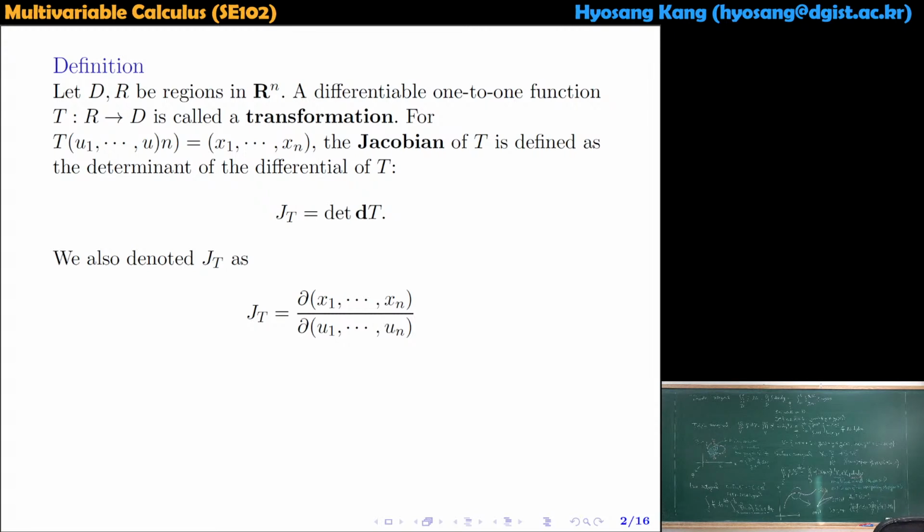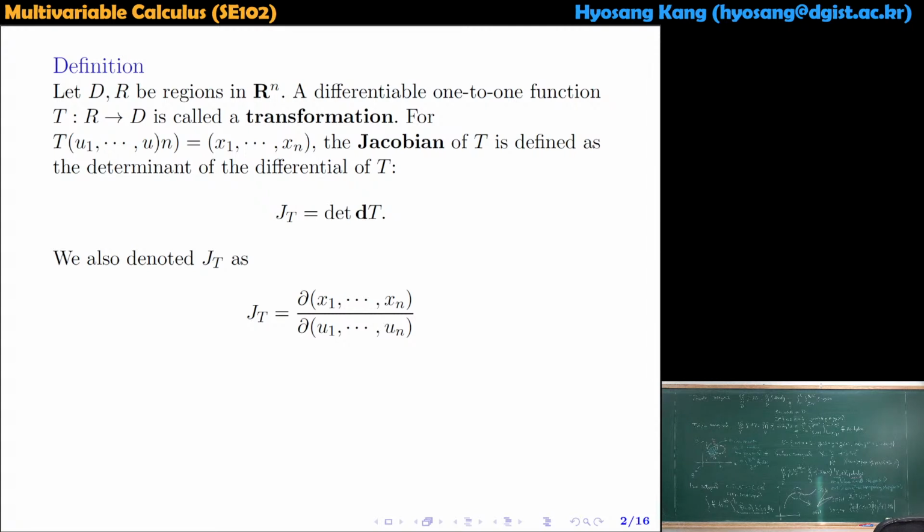What we are going to do is substitute variables in double or triple integrals. Sometimes, in order to compute the double or triple integral, you need Fubini's theorem, but Fubini's theorem doesn't work in many cases. So, in order to make the computation easy, you have to substitute or transform your variables.